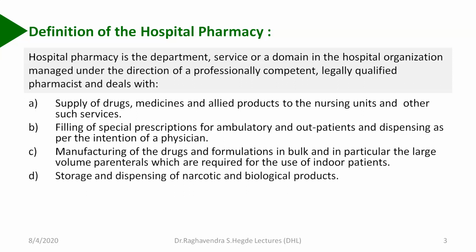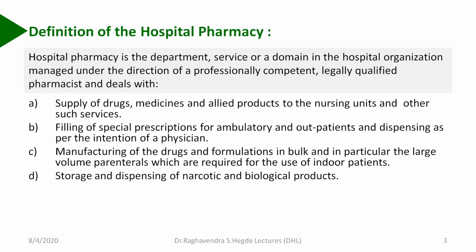Fourth, storage and dispensing of narcotic and biological products. So they store and dispense the narcotic drugs and the biological products. That is one of the main responsibilities which has been bestowed on the hospital pharmacist.